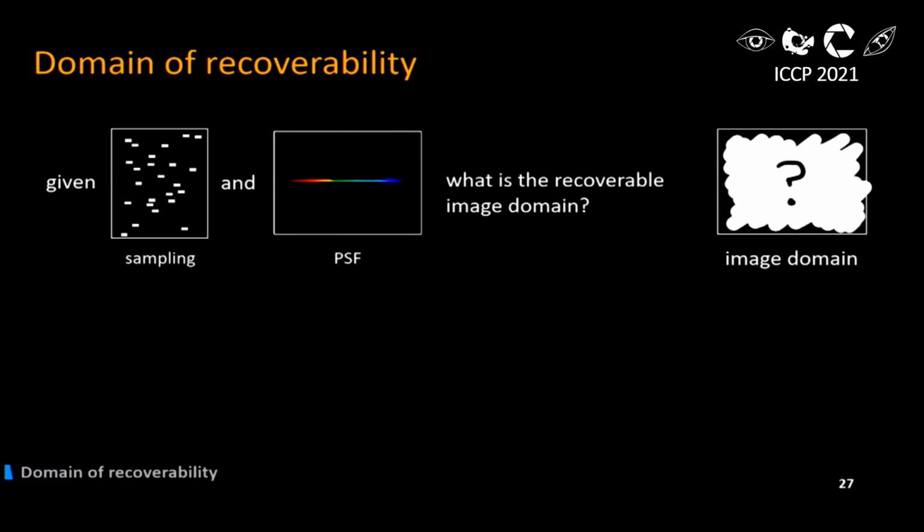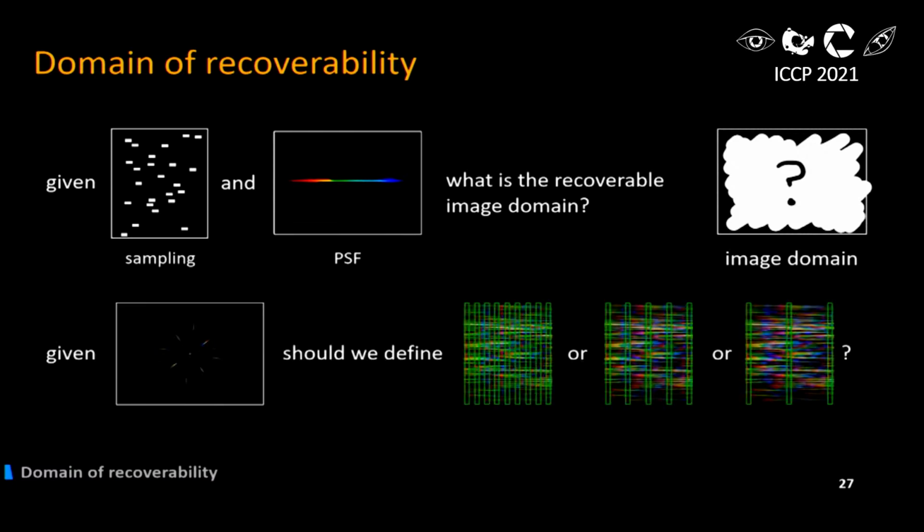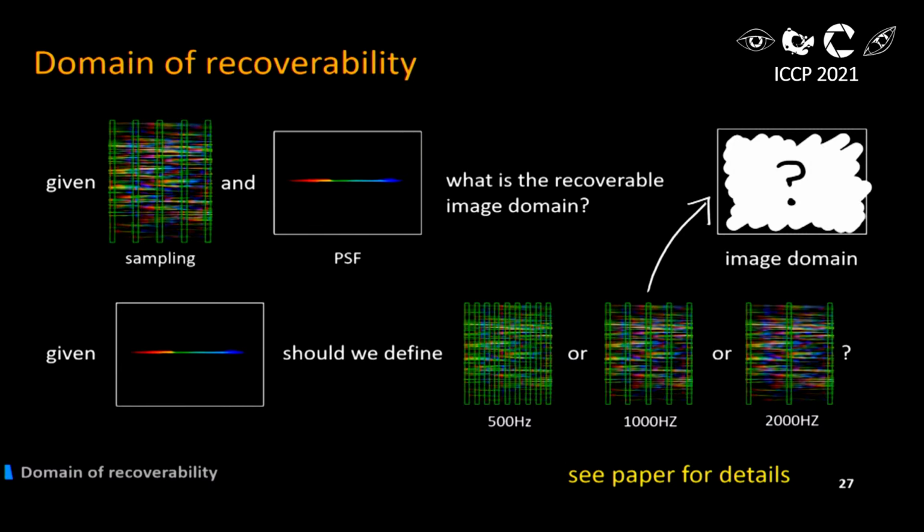Or to rephrase this as a system design question, given a certain PSF, how should we determine the sensor sampling, since the sampling determines both the recoverable domain and the maximum frame rate? Well, these are hard questions to answer for the general case, but in the paper, we do answer both for the special case of a single-axis diffraction grating sampled with vertical ROIs.